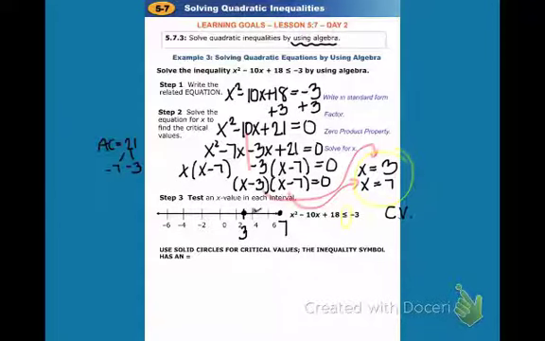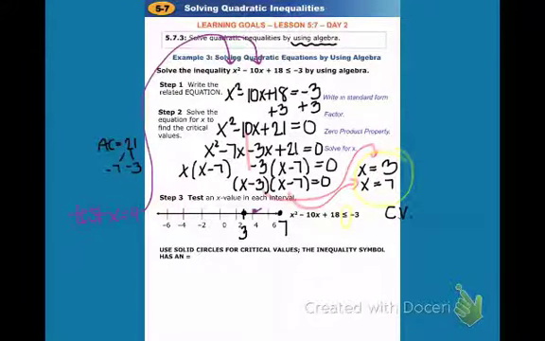So I'm going to test x equals 4, plugging 4 into the inequality up here to see if it makes it true. If it does, then I'm going to shade between 3 and 7 because that's where 4 lies, and then I'll know it's a conjunction.